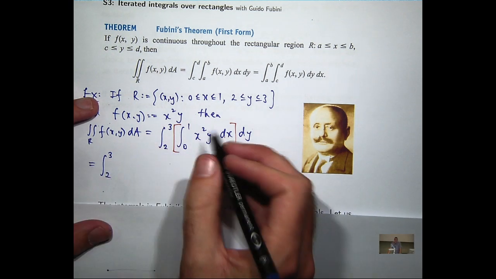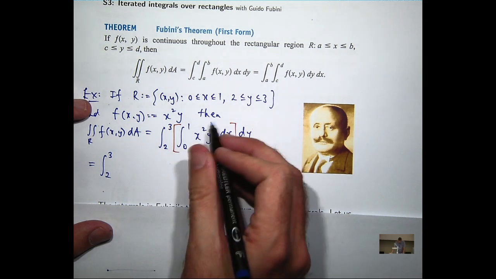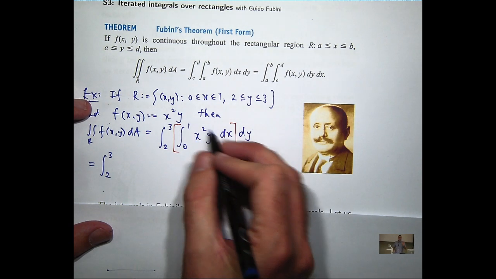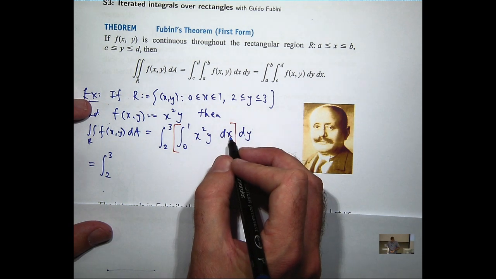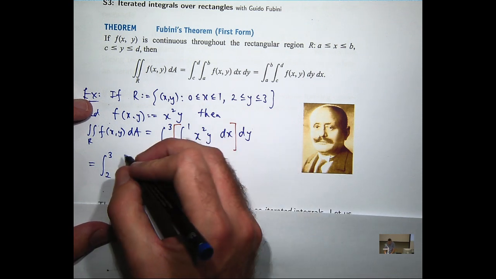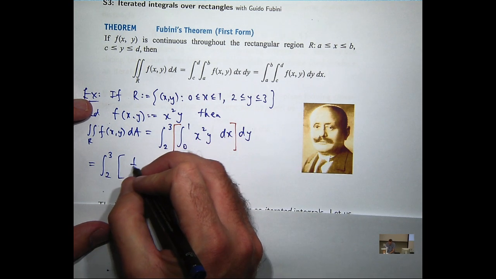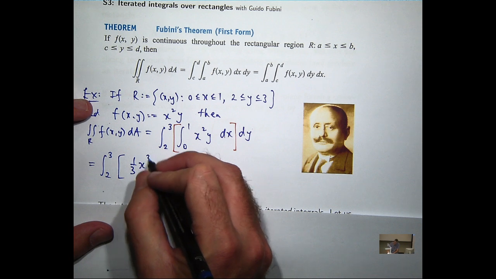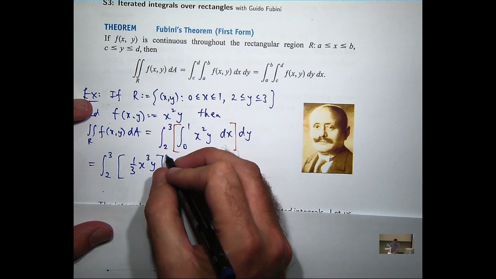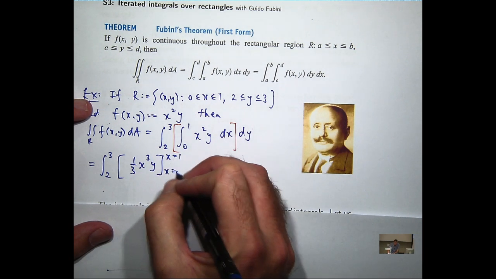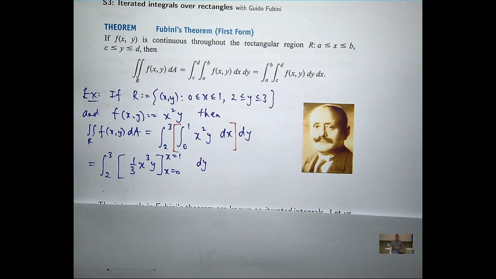So look at the inside integral. I want to integrate here with respect to x and hold everything else fixed. So if I integrate here, I'll get something like this. I'm going to work out the integrand, and then I'll do the integral with respect to y.